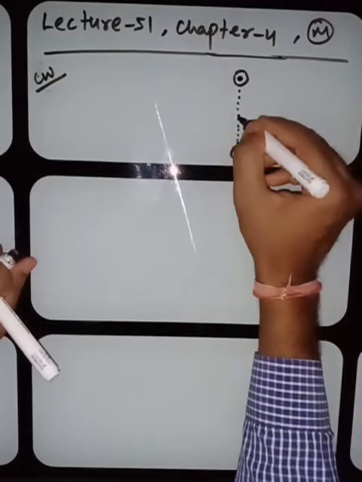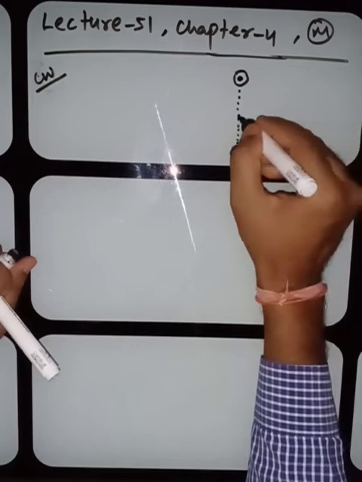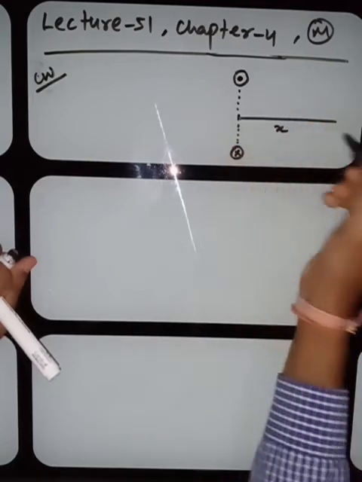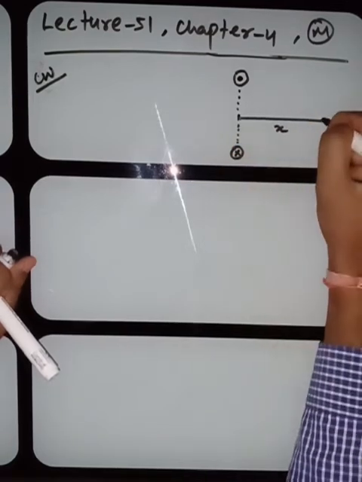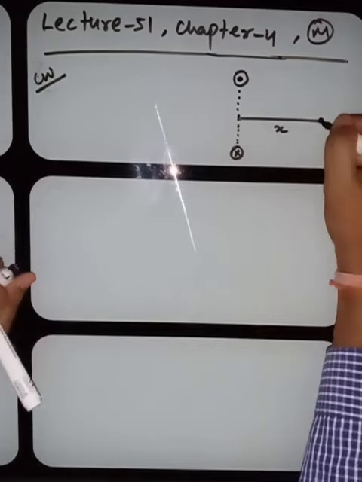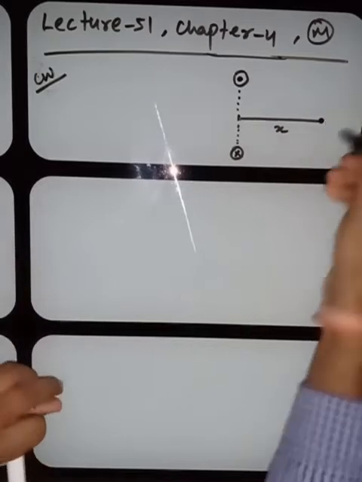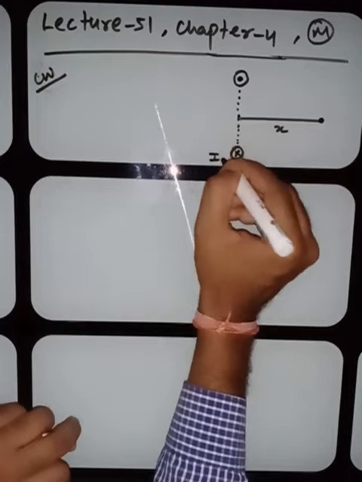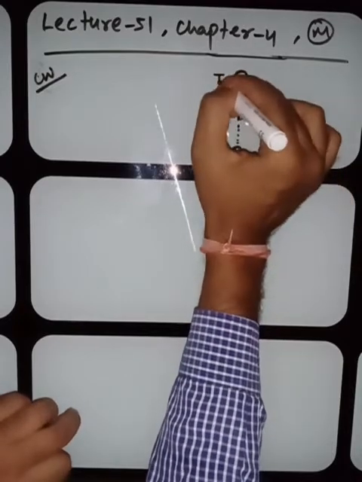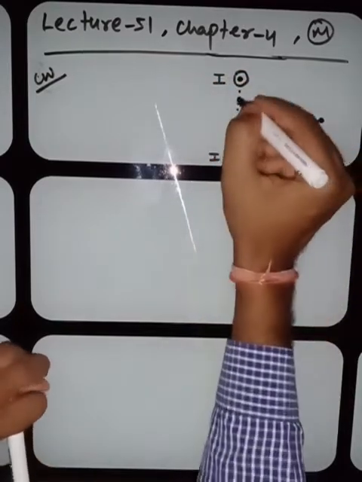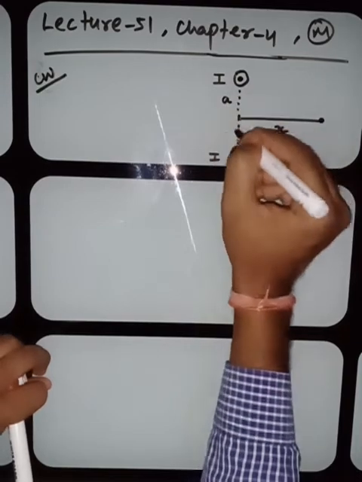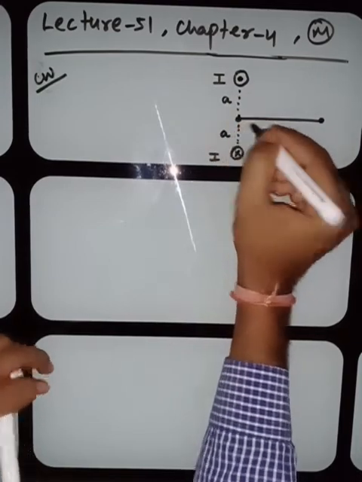Alright, from the center at a distance x, this is the distance x, you have to find the net magnetic field at this point if both conductors carry the current I. This is the distance x and this is 2a, this is a and this is a, this is the center point.